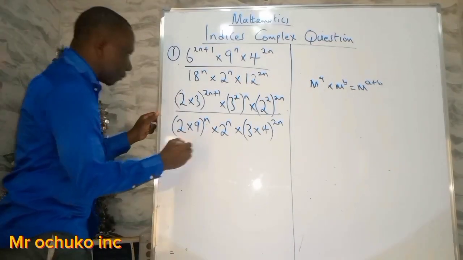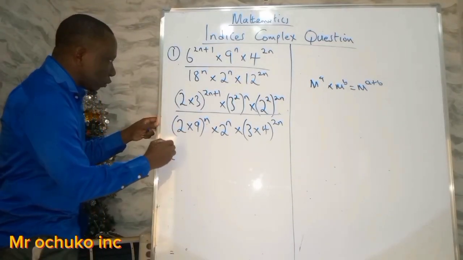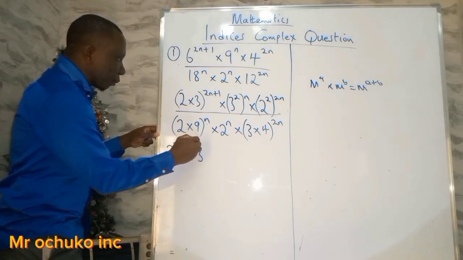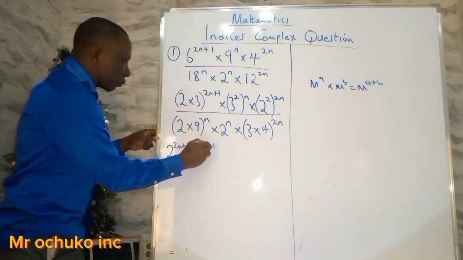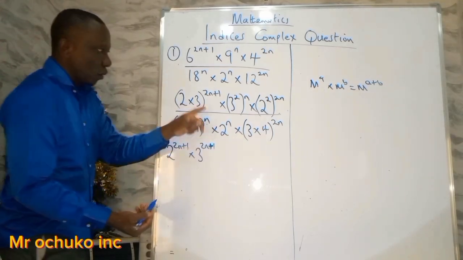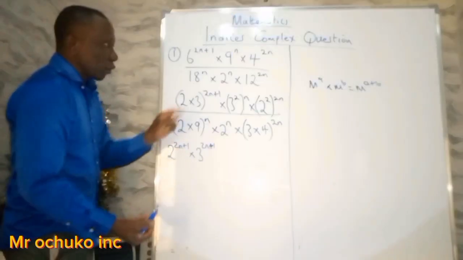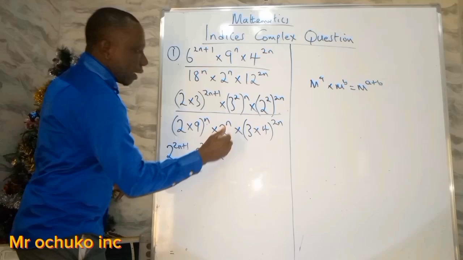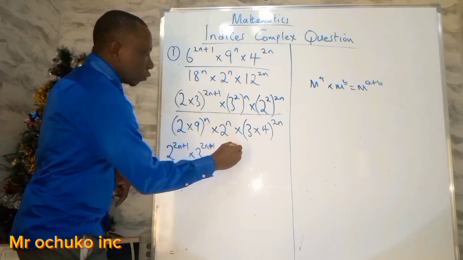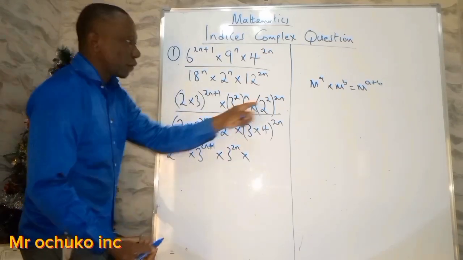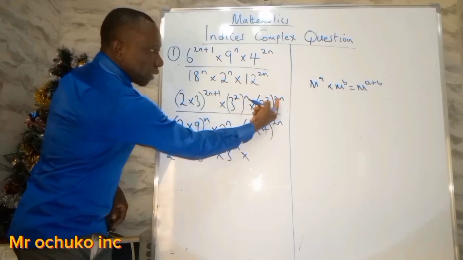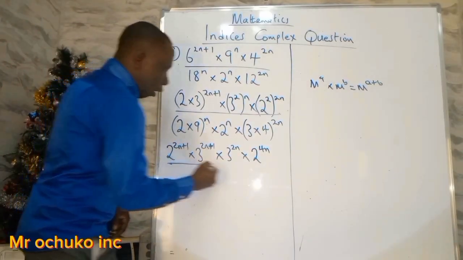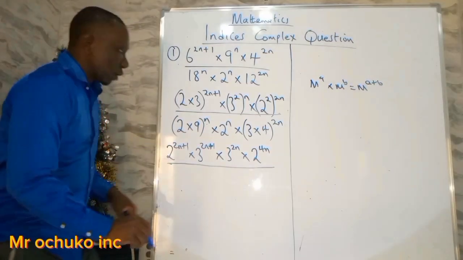This is the same thing as saying 2 raised to power 2n plus 1 times 3 raised to power 2n plus 1. Please, I'm just spreading the power. We're not applying the law of indices yet, but let's keep that law. Then times, let's multiply 2 times n, 3 raised to power 2n, times 2 raised to power 4n, all over.